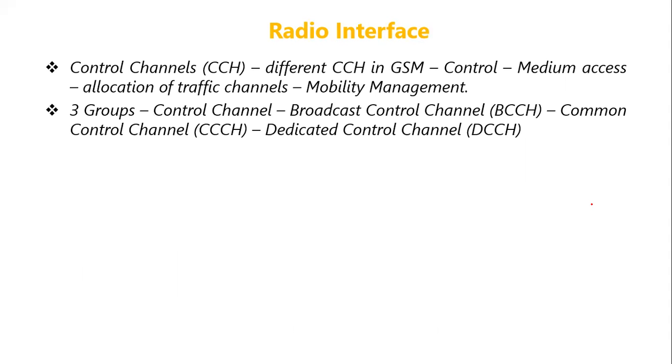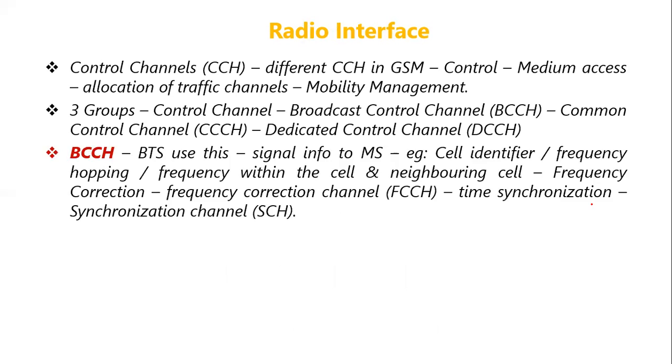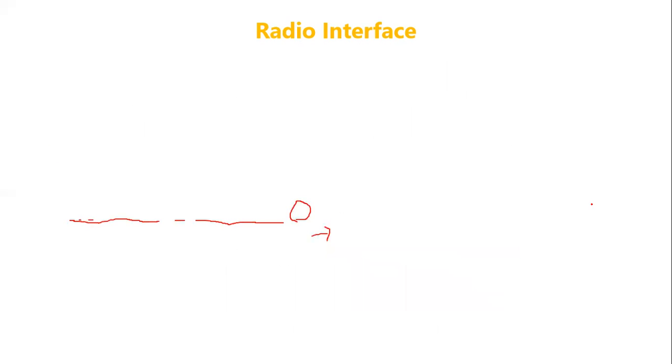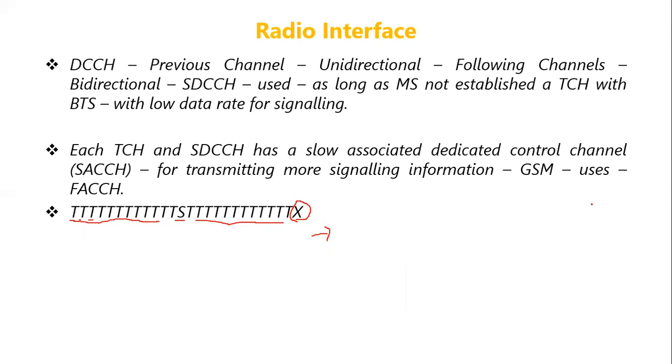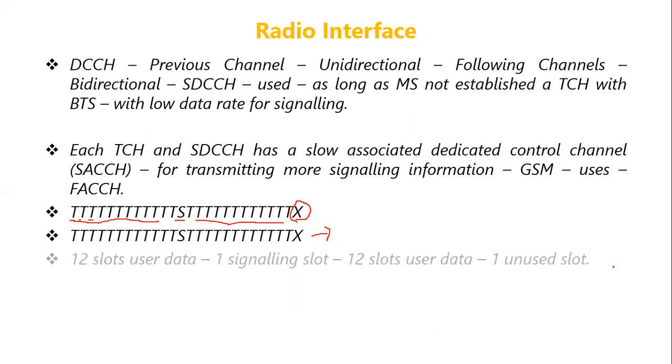We know that there are 114 bits in user data, 114 bits in every slot, and there are 8 slots, and this is going to repeat for every 4.615 milliseconds.